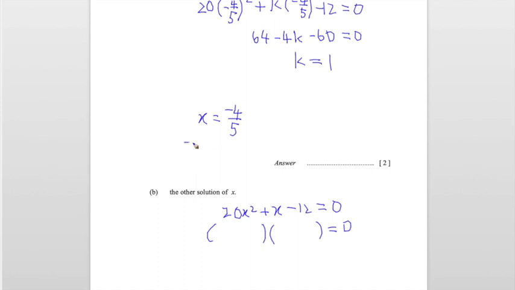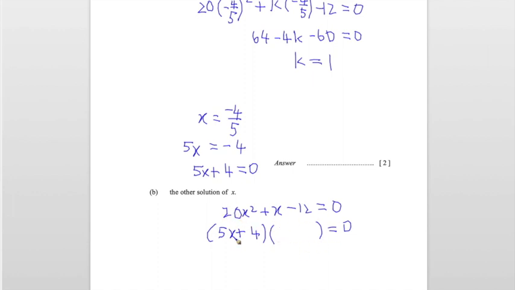What we do is multiply by 5, so this is one of the solutions, 5x plus 4. Therefore, we will know the other factor.